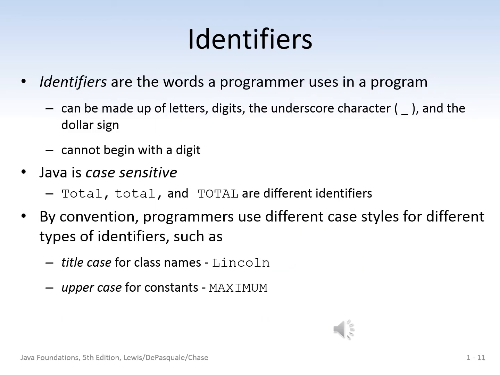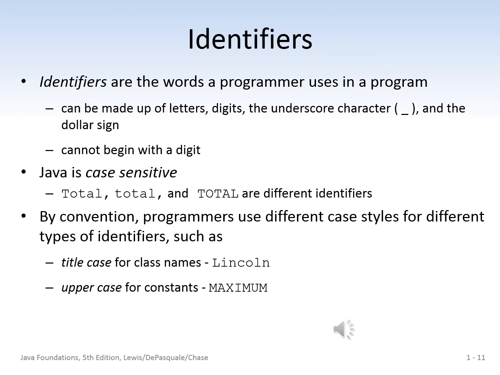Java's rules for identifiers are very similar to the rules for C++. Identifiers can include letters, digits, the underscore, and the $ sign. I'm trying to remember, I don't think you can use a $ sign in an identifier in C++. And as with C++, the identifier can contain numeric digits, but it cannot begin with a digit.